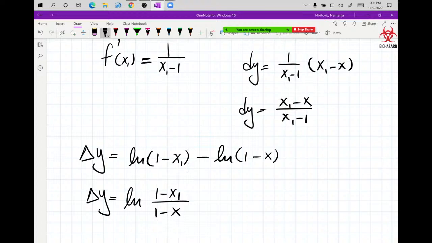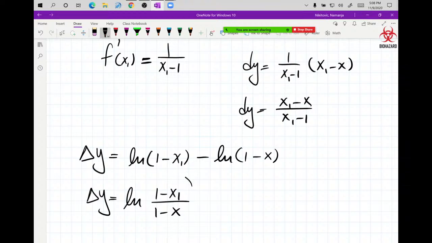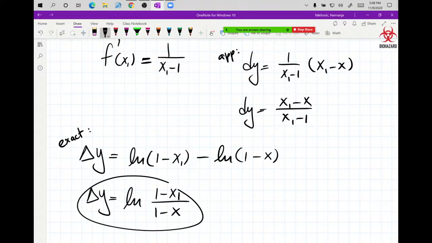I hope you appreciate the fact that this is much easier to compute, because at this point x1 and x are just numbers, but you still have to take the ln of that if you are doing the exact way, versus the approximation way. In approximation, when you know what these values are, just plug them in and you get the answer immediately. Here, you actually have to use a calculator to come up with the ln values.